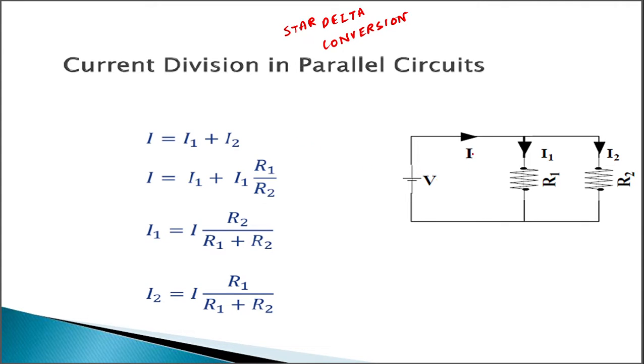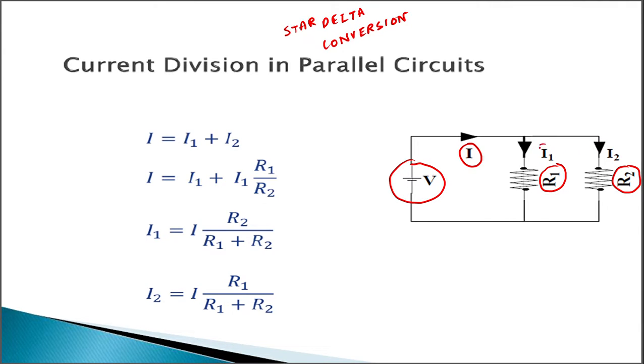Let's consider a circuit having two resistances connected in parallel, R1 and R2. Now, due to this voltage source, a current I is going through the circuit, and that is getting divided into I1 and I2.